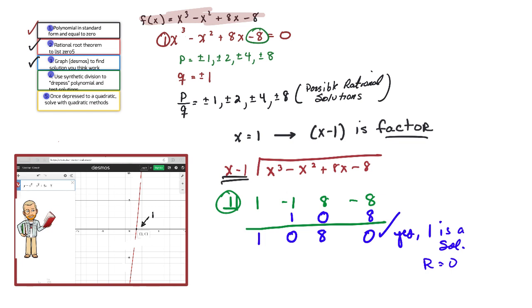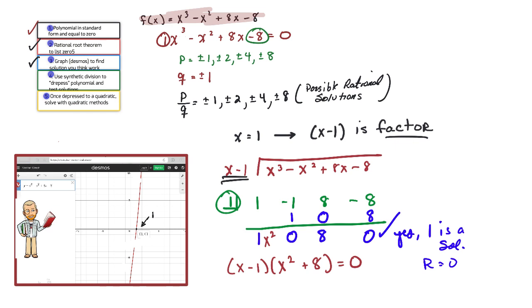And so essentially now we have this polynomial factored. Okay? The first factor was the factor that gives us 1 as a solution. That's x minus 1. And then this x squared, no x's plus 8 is the other factor.